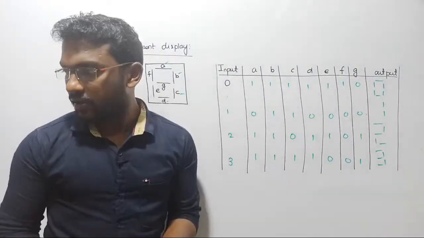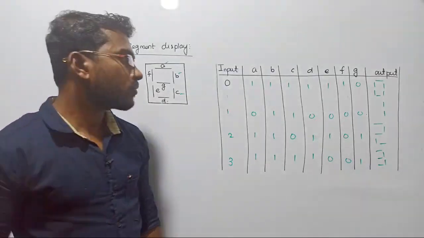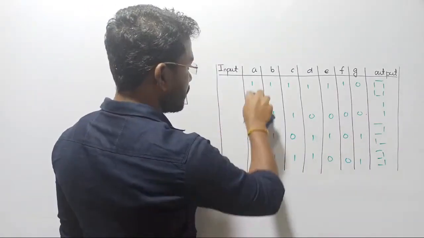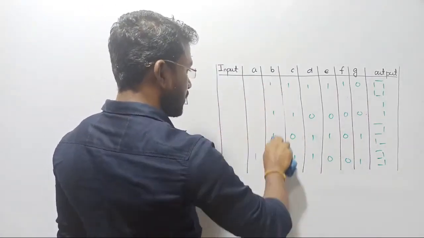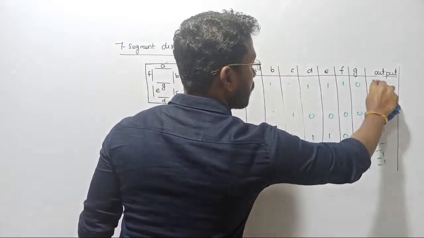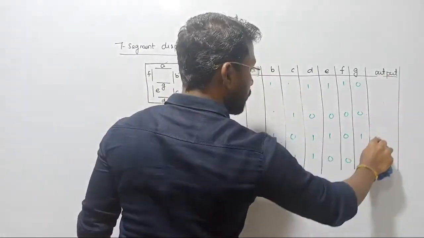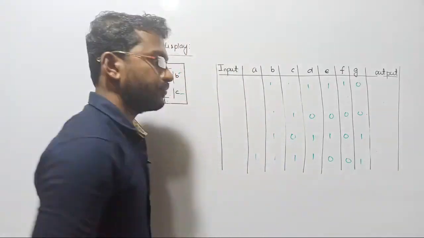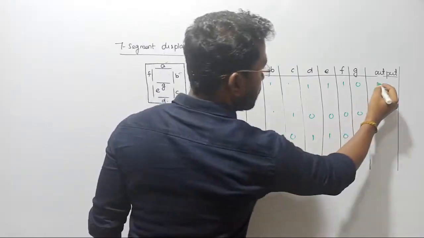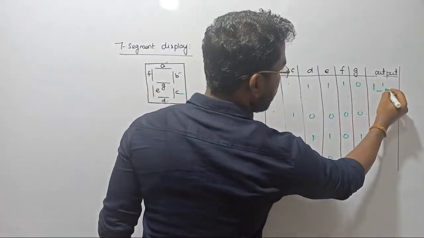So let us try and bring the answer for 4. Let me rub this out, and let us bring the answer for 4 now. Our next target is to bring 4. How will you bring it? 4 is like this, 1 2 3 4.